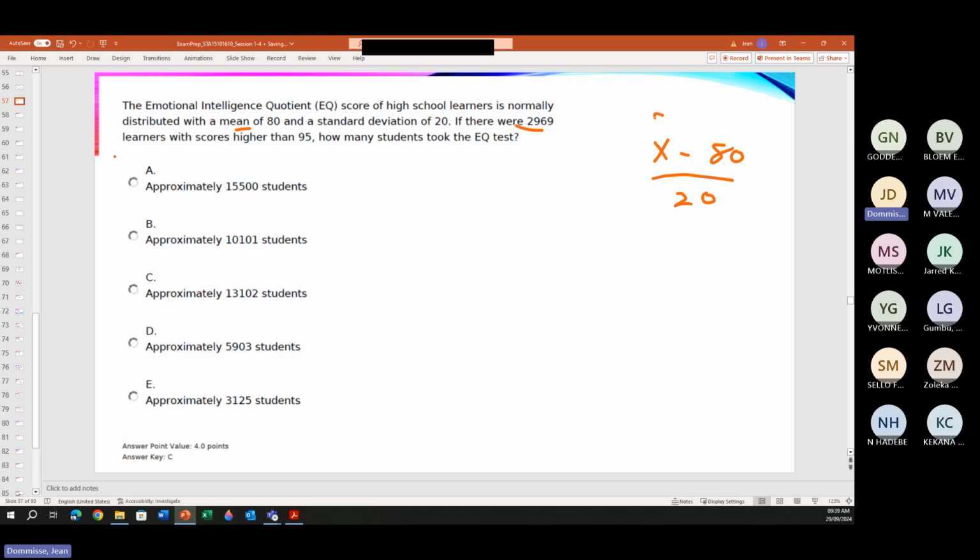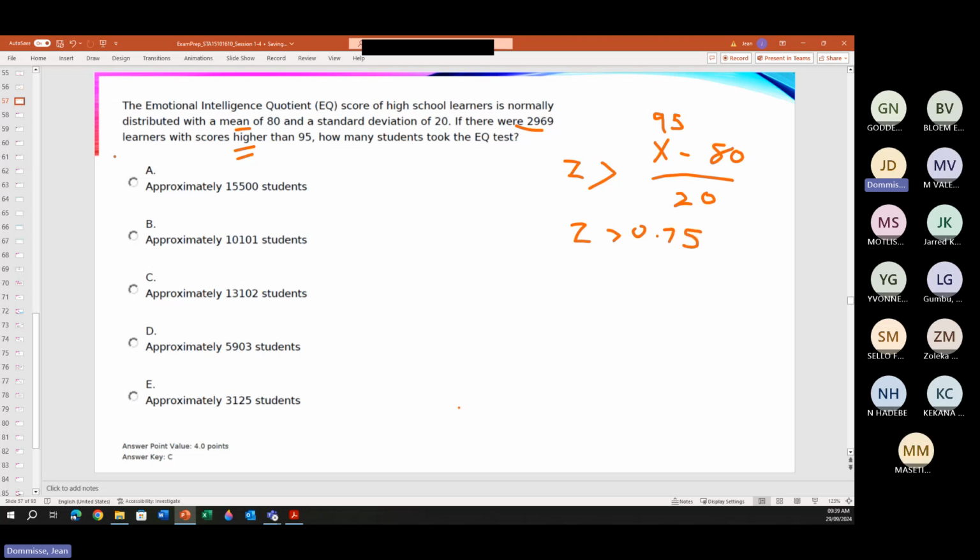Okay, so now we have the X. Let's get the Z. So Z is 95 minus 80, which is 15, divided by 20. So Z is equal to 0.75.